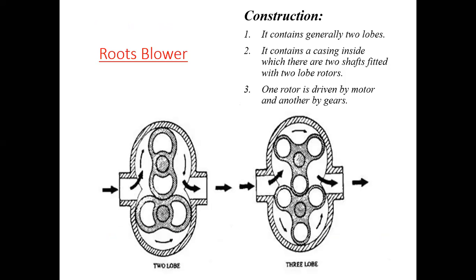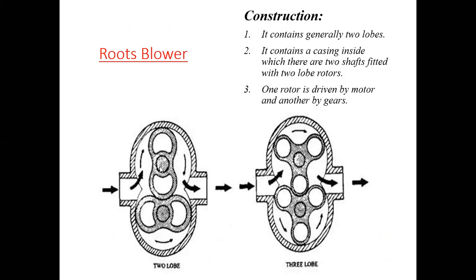In the Roots blower compressor, first of all, we will see the construction. These are available in the market with 2 lobes or 3 lobes. Basically, here we have 2 lobes. This type of part is called a lobe, or also called a rotor.